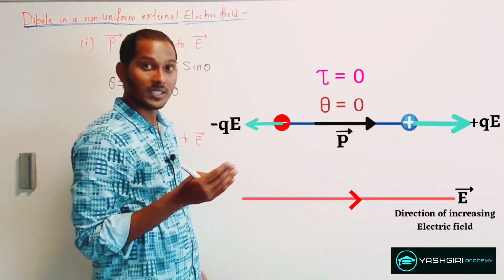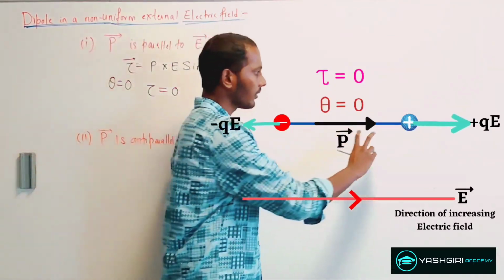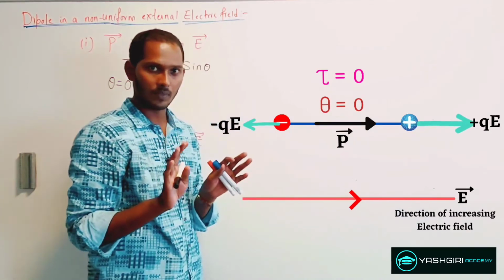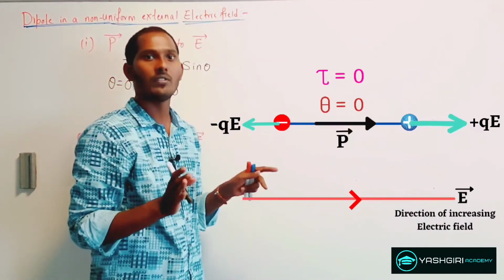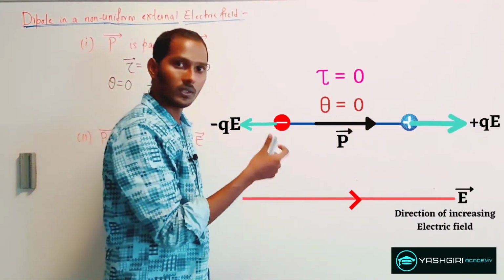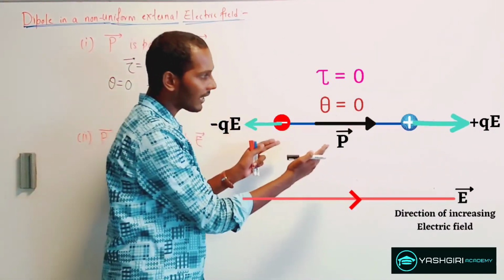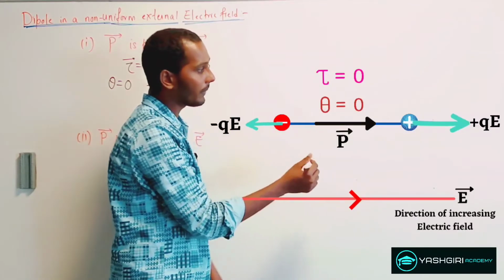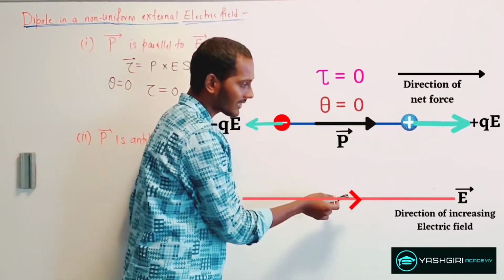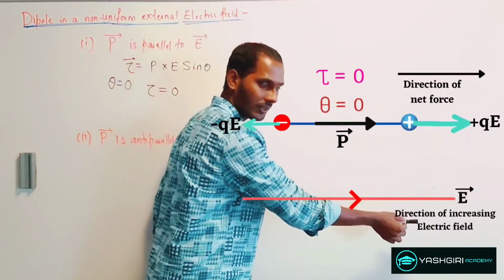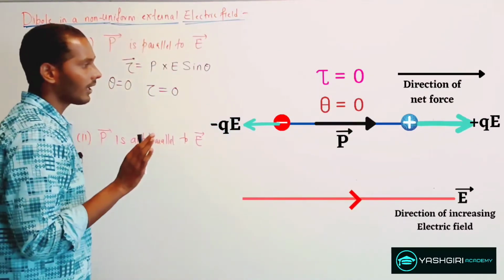So overall, if you see the net force here, both the forces are not the same, because we are having a non-uniform electric field. So this is the maximum force. The total force on this electric dipole for such an alignment will be in the same direction as the electric field. So that is the one statement I can make.